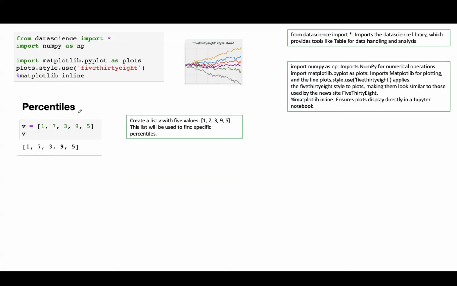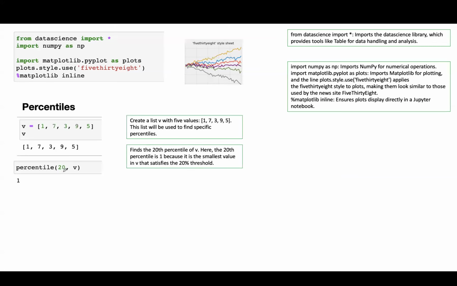We're going to create a list and call it V, which includes 1, 7, 3, 9, and 5. We're going to use this list to find a specific percentile. Suppose we're using the percentile function to calculate the 20th percentile. The 20th percentile of list V is going to be just 1.